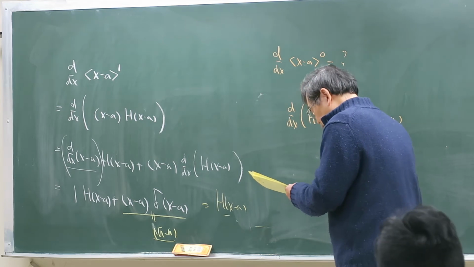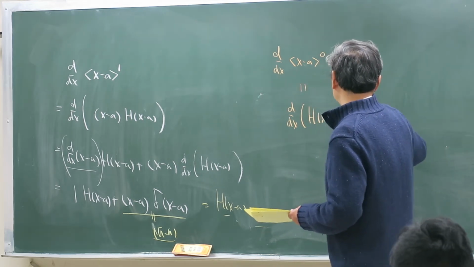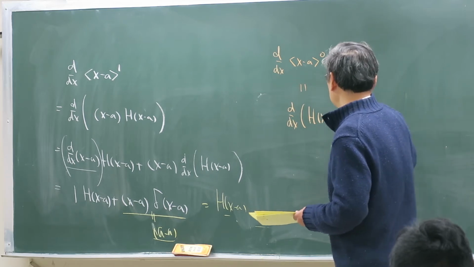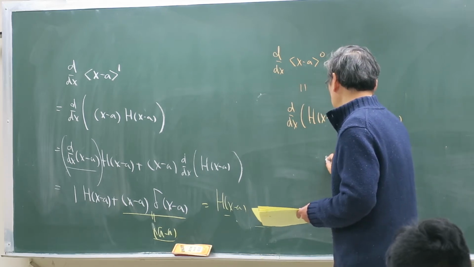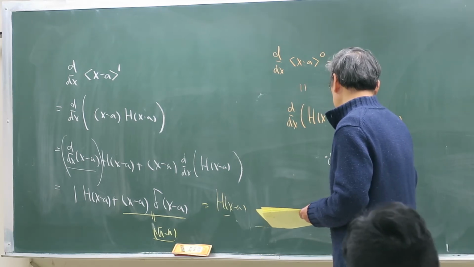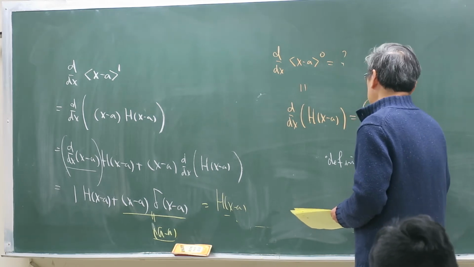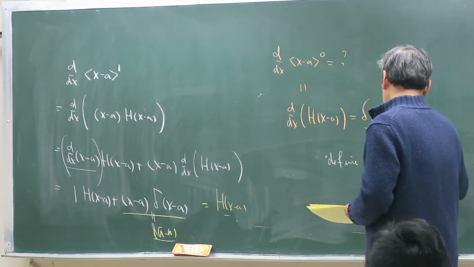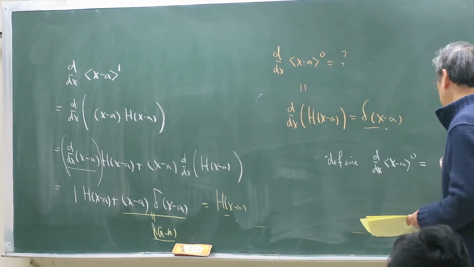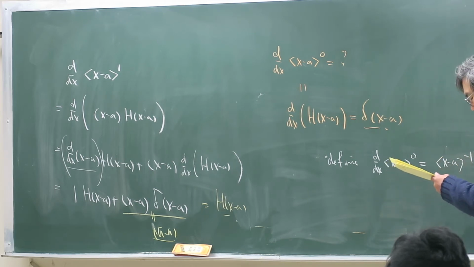And we define d/dx of (x − a)^0 equal to (x − a)^(−1).